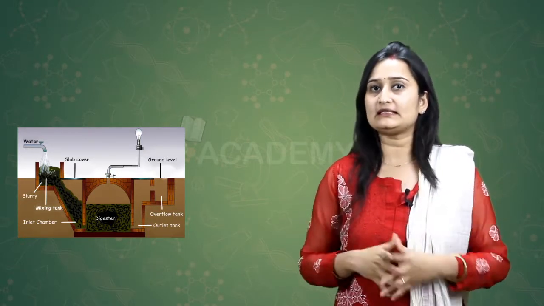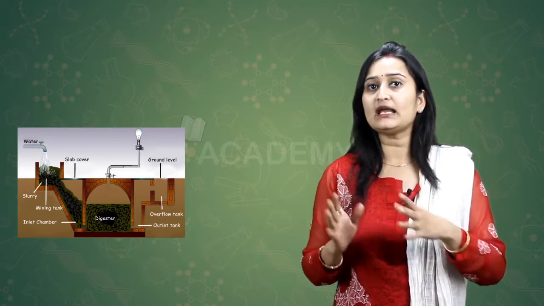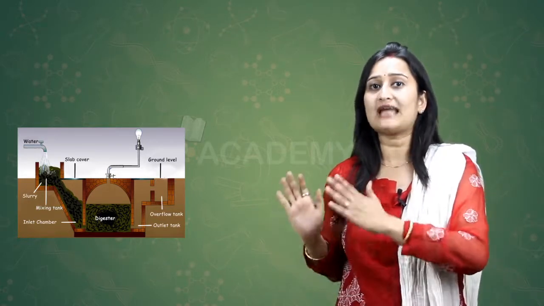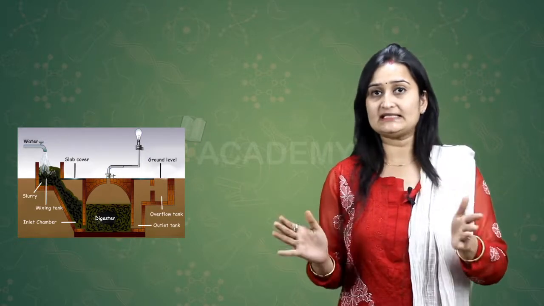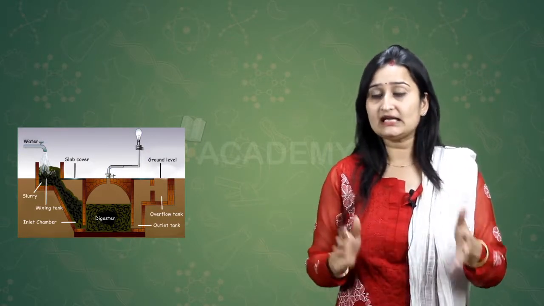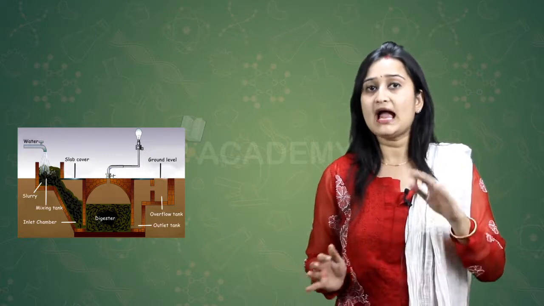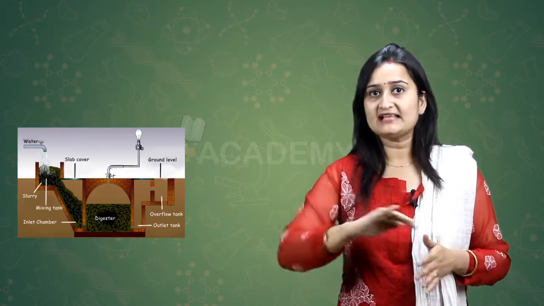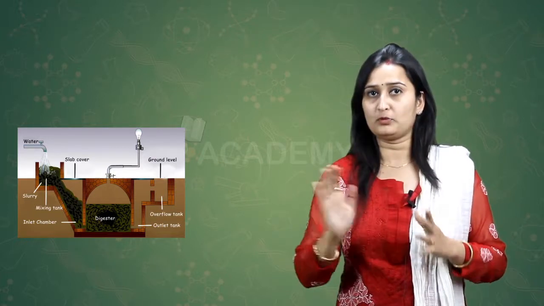So, when the slurry is ready, then through the inlet chamber, the slurry is introduced into the digester. The digester is basically a well. The slurry is introduced inside the well and is filled up to the cylindrical bottom mark. The well has a dome-shaped roof on top of it.